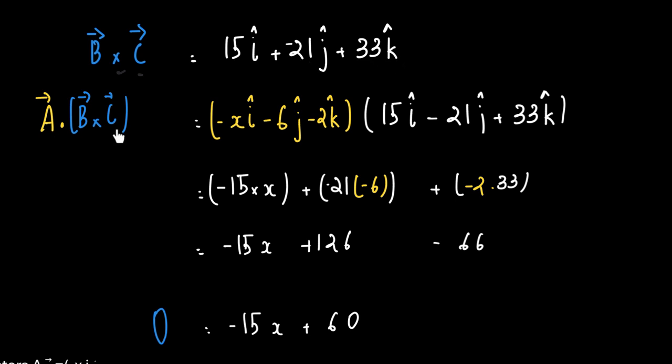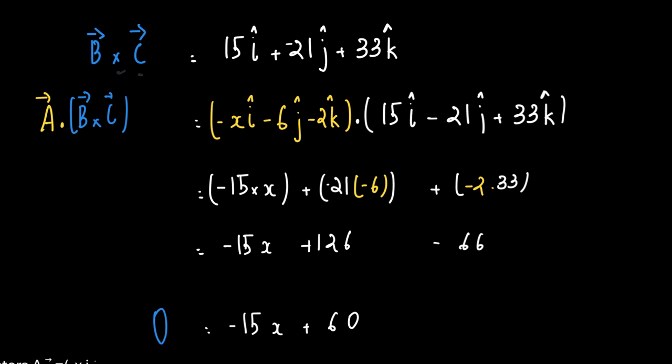Now, what is A dot B cross C? The given vector A is -xI minus 6J minus 2K, dot 15I minus 21J plus 33K. When we calculate the dot product, we multiply the respective components of the two vectors, the I components, J components, and K components.